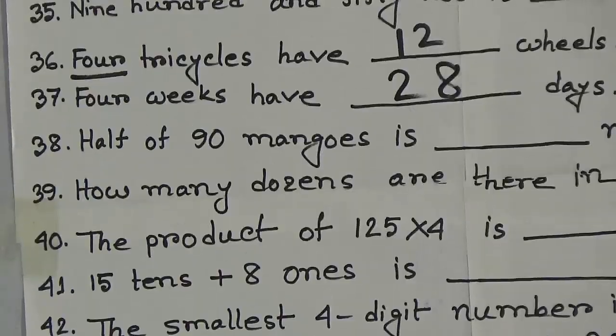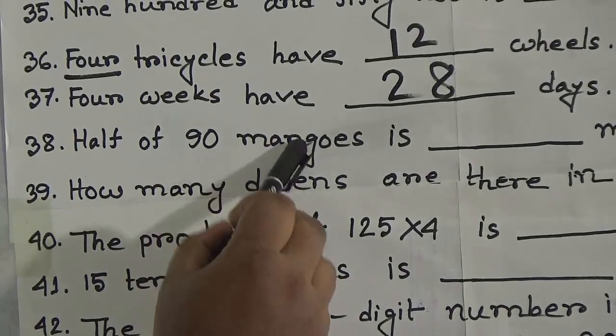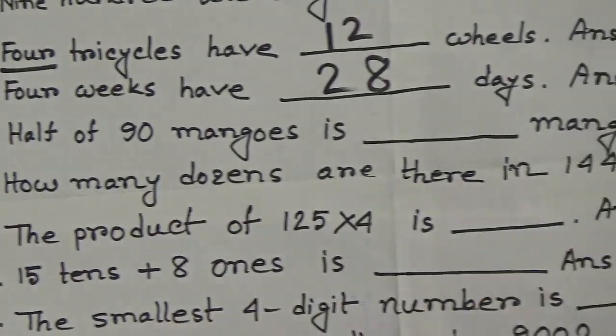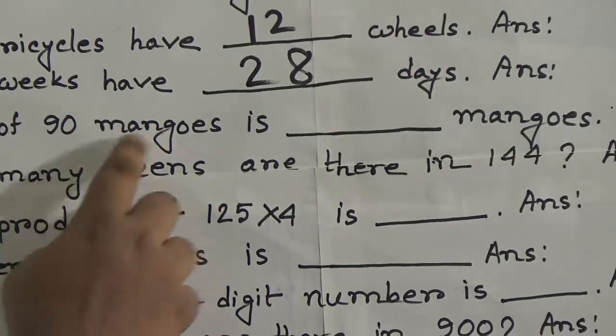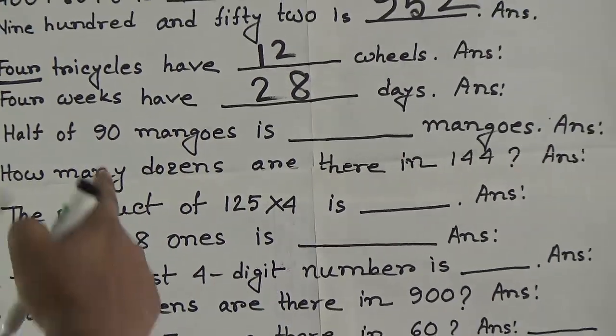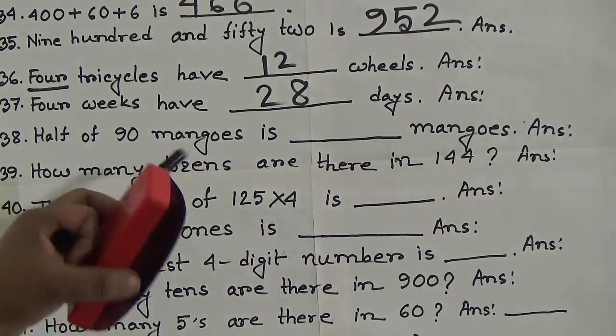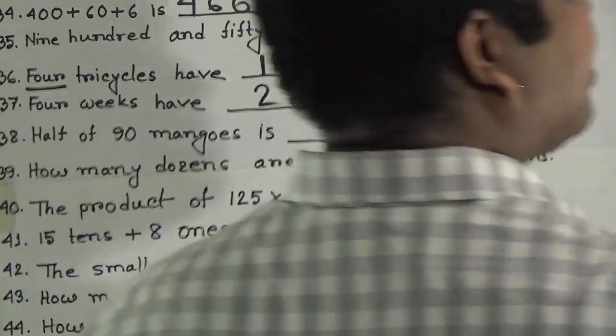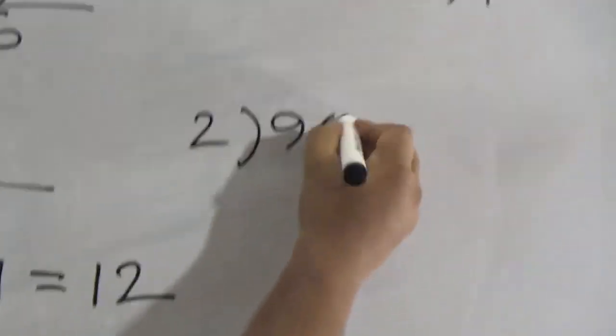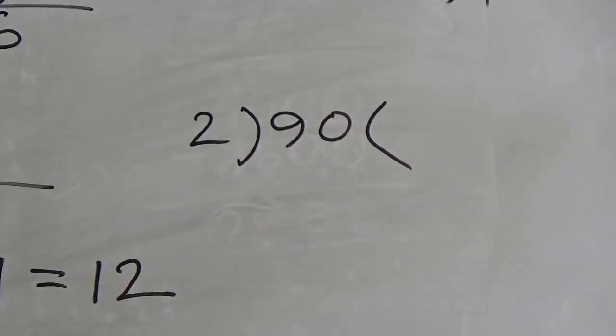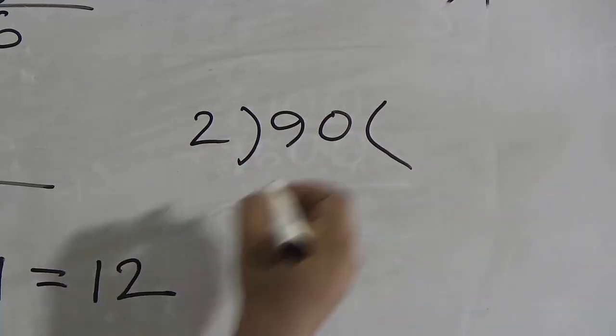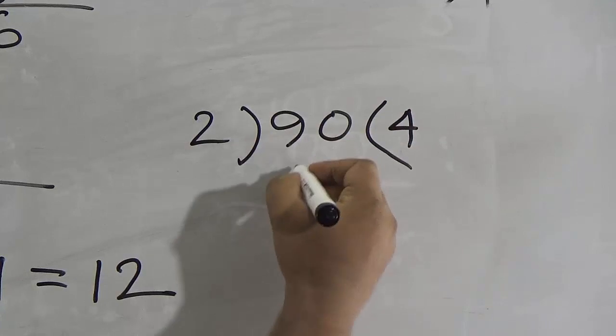Next, half of 90 mangoes is how many mangoes? We divide 90 by 2 and we get half of 90 mangoes. That means 90 divided by 2. In 9, 2 goes in 4 times. Then 4 2s are 8.